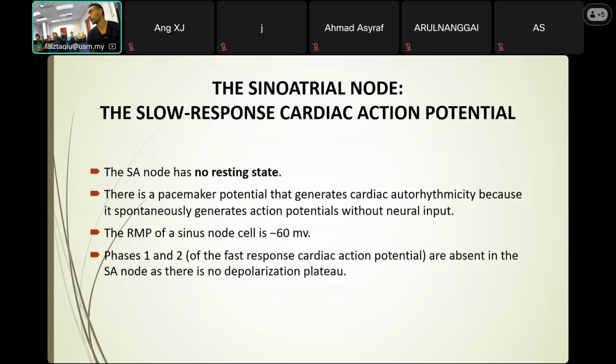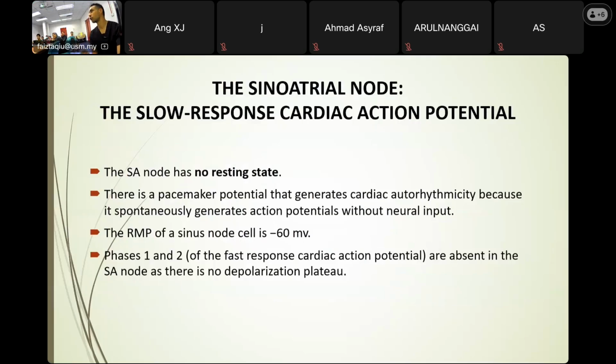So according to Peter Kam, when we talk about the action potential, there's the slow response and the fast response. For the slow response, we're talking specifically about the sinoatrial or SA node. For the SA node, you realize that there is no resting state, and it is a pacemaker potential that has rhythmicity. Why is this?